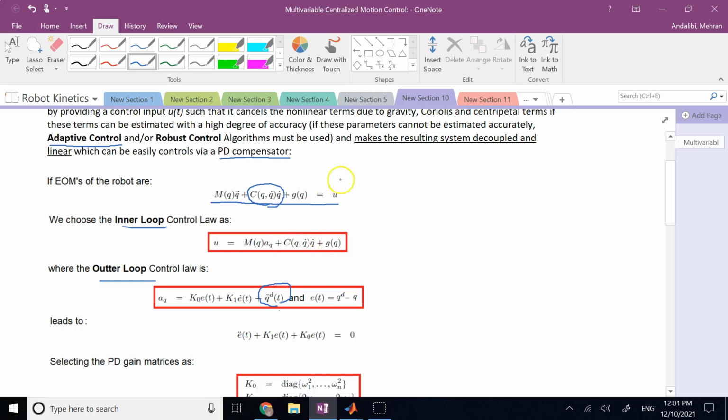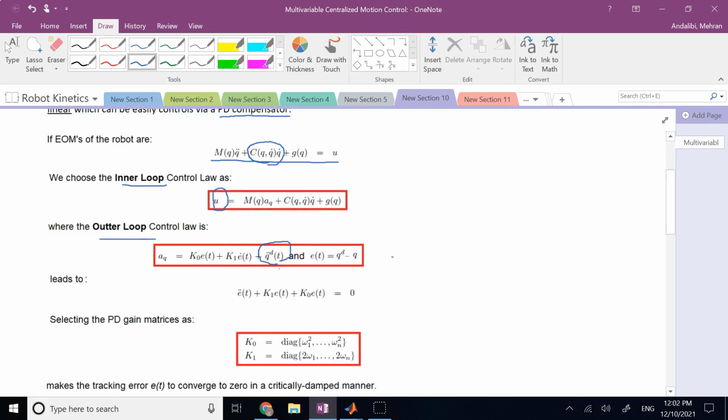This is also very similar to the computed torque method that I mentioned in one of my previous videos. The only difference, as we will see, is that the term we calculate here for the inner loop is not based on the desired values only. It is based on the desired values and some feedback. So it is really a feedback linearization here. But the idea is very similar to computed torque.